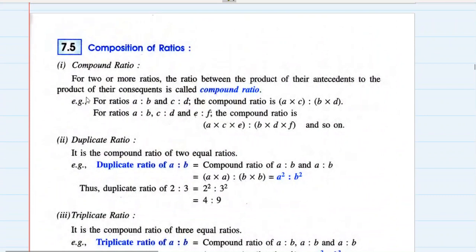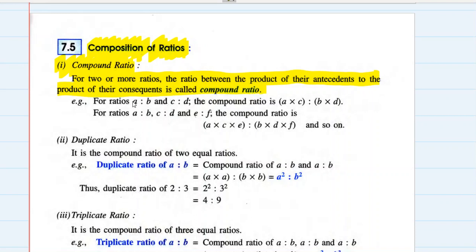Then the next small topic which we are going to learn in ratio is composition of ratios. In the first kind of composition of ratio, we are going to study compound ratio. For two or more ratios, the ratio between the product of their antecedents to the product of their consequents is called a compound ratio.